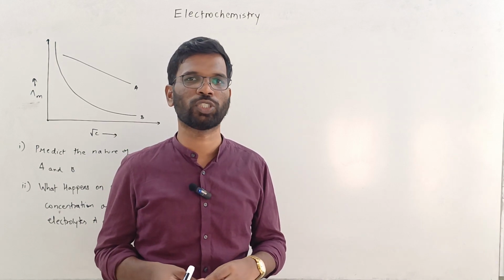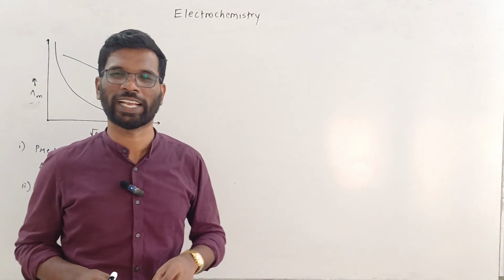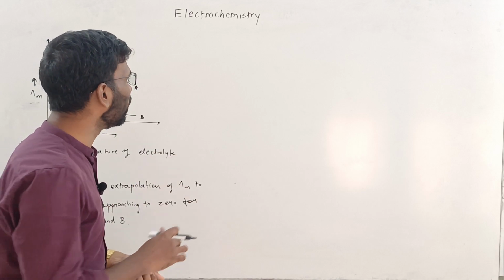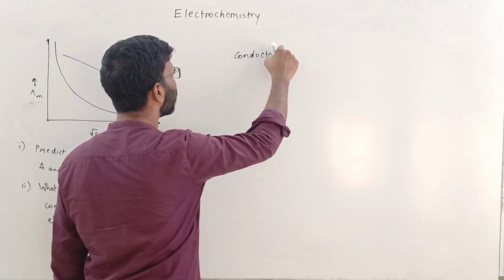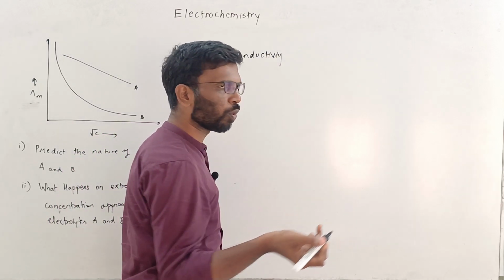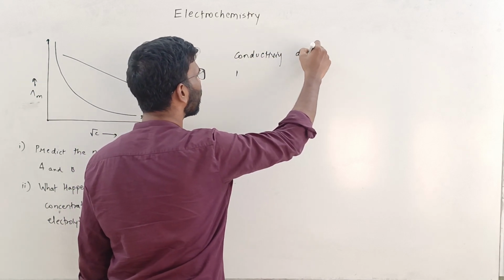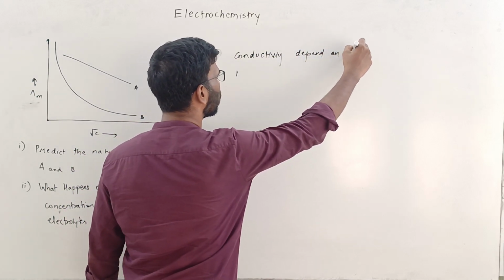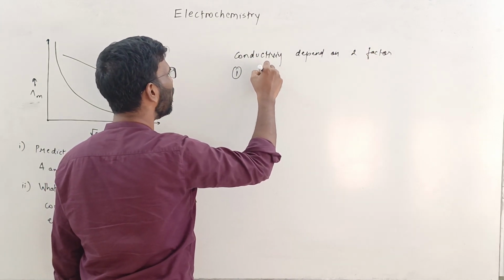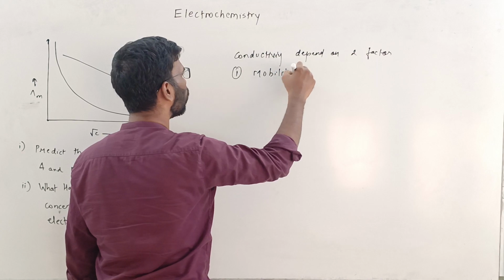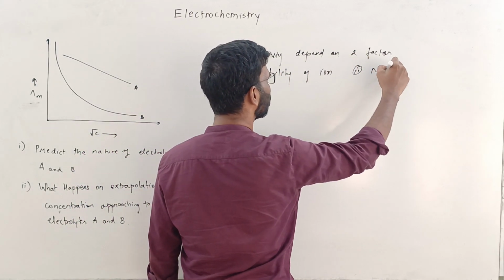What happens with dilution? To explain this concept, I'll explain it in this manner. The conductivity of an electrolyte depends on two factors: one is the mobility of ions, and second is the number of ions.